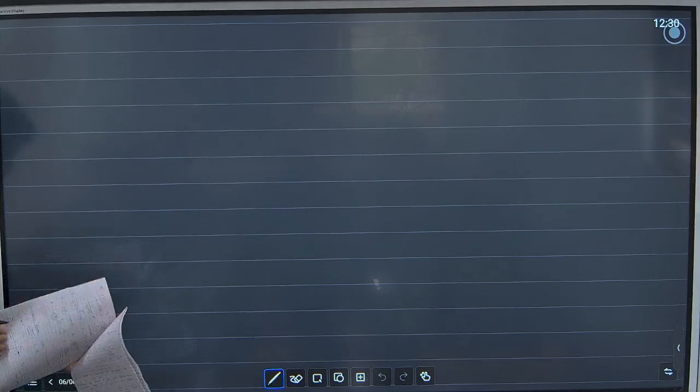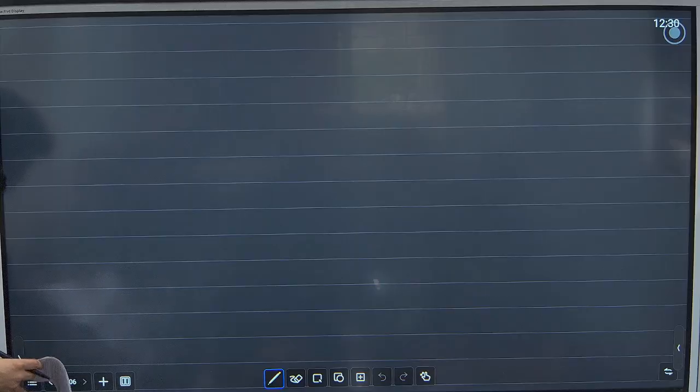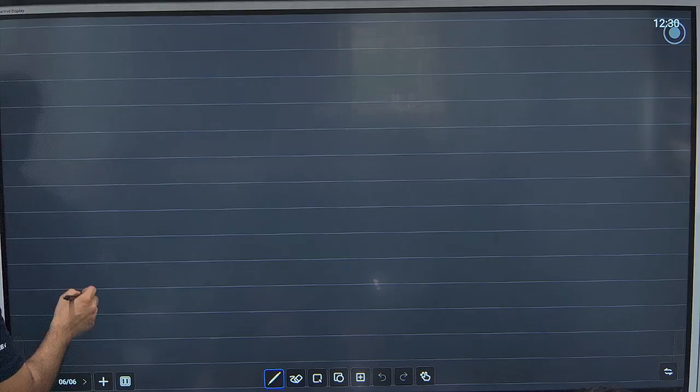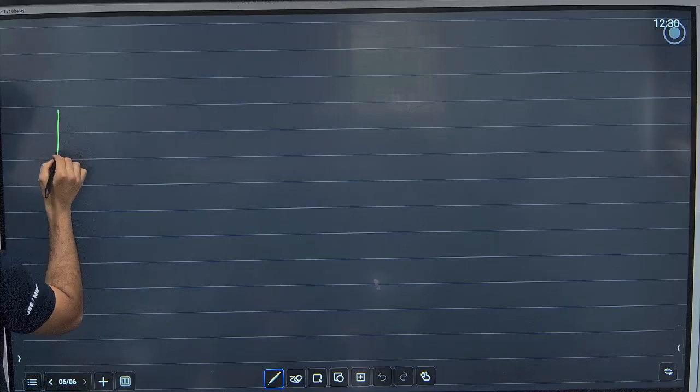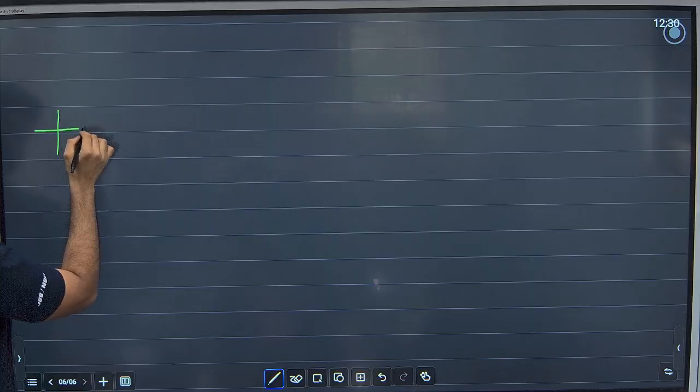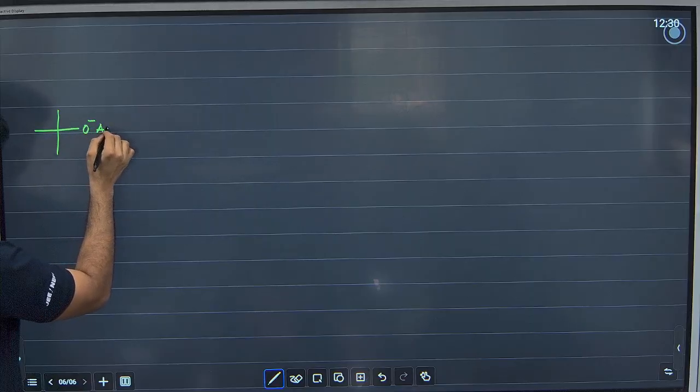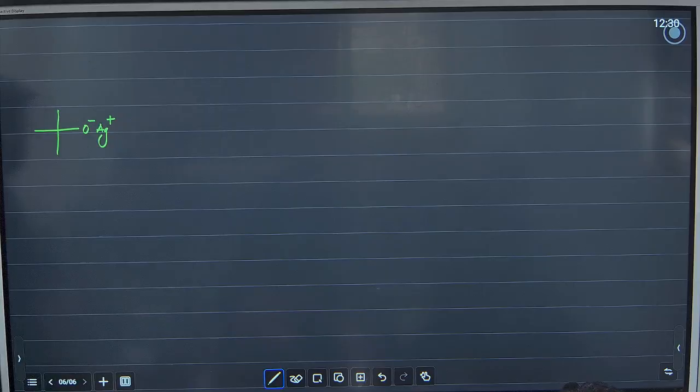However, let's say there's something like this. Silver tert-butanoate.